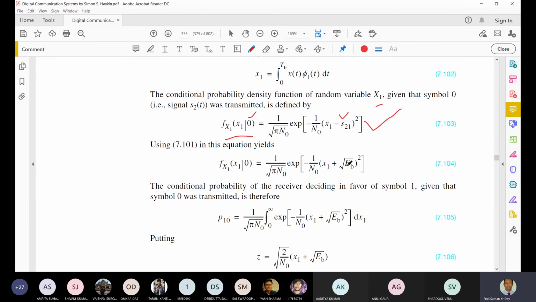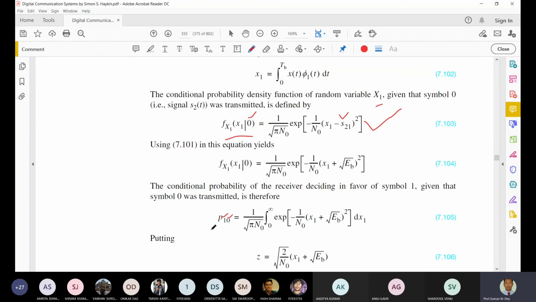Okay. So now the conditional probability that the receiver decided in favor of symbol 1 when 0 is transmitted, we normally represent by P10. So 1 is the output value and 0 is the sent value.